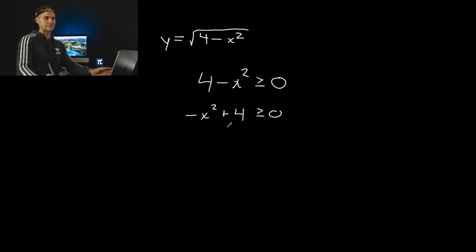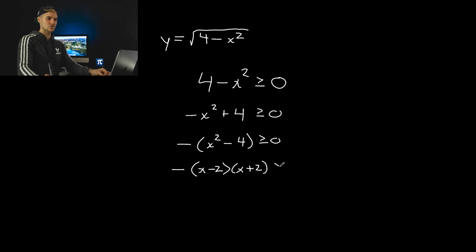Well, what we want to do is get the intercepts for it. So same thing, I could factor out a negative, and I'd have x squared minus 4. And then that factors as a difference of squares. So actually the intercepts of this quadratic are going to be the same.